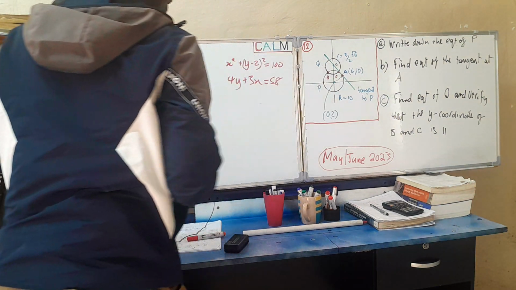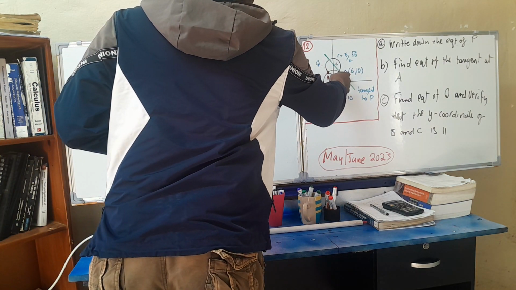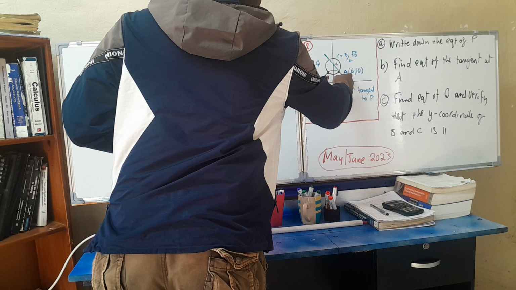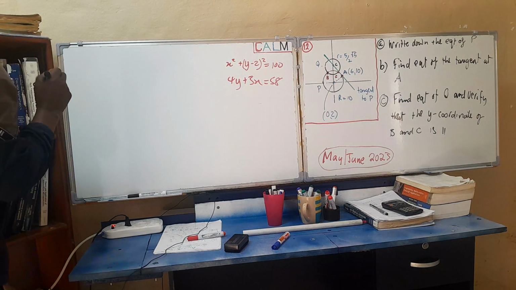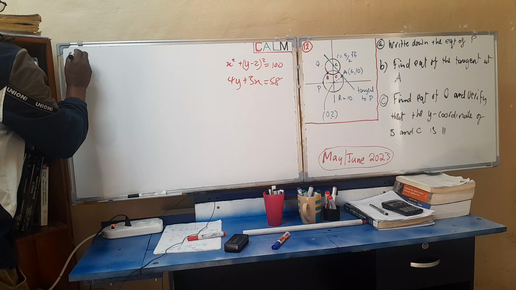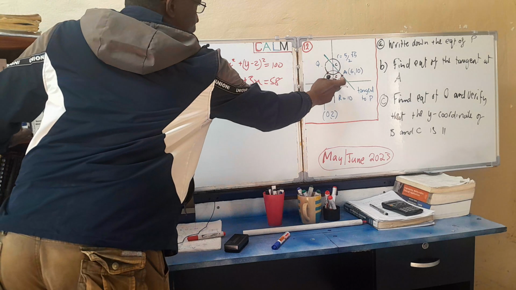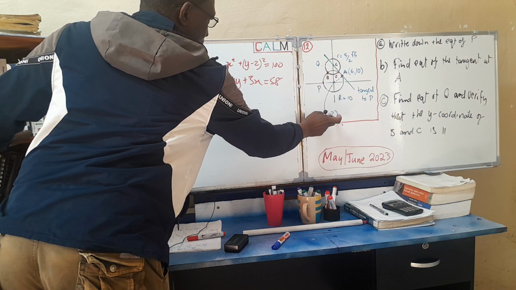What is the gradient of that line? It passes through the point (0, 2) and it passes through the point (6, 10). So the gradient of the line there will be, our value of y at A is 10. At the center, remember it's (0, 2), so y there is 2.